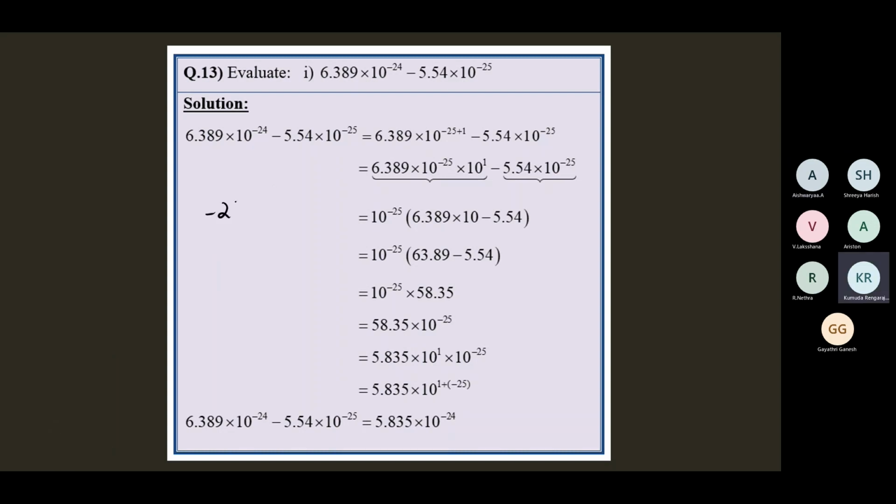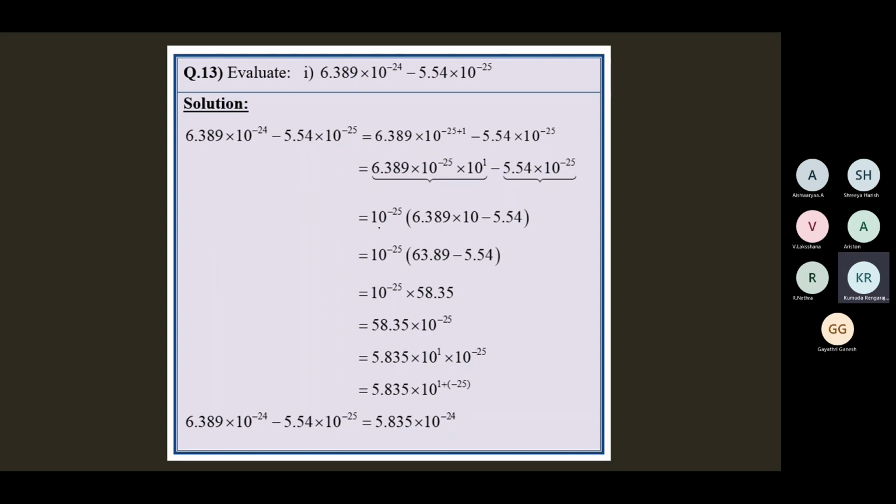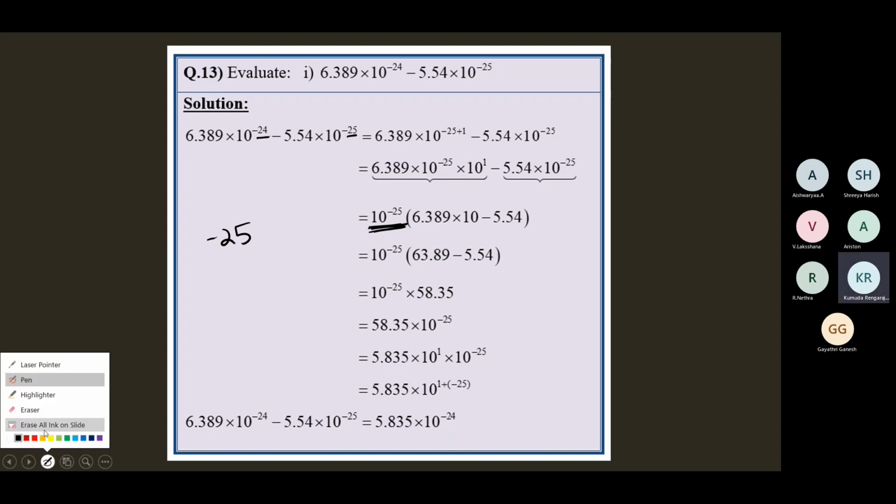So minus 25 is less than minus 24. So what we're going to do is take out 10 to the power minus 25 common. That's the idea. The smaller of the two powers is minus 25, so we prepare for that.